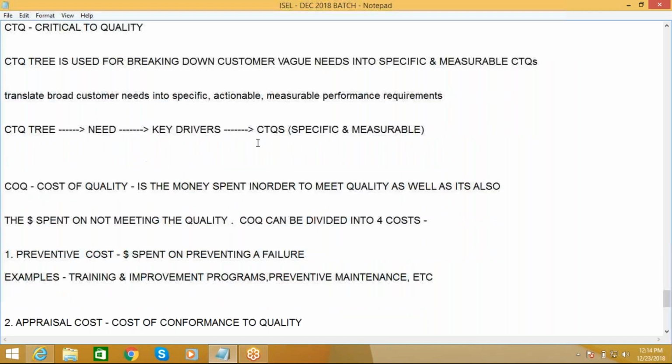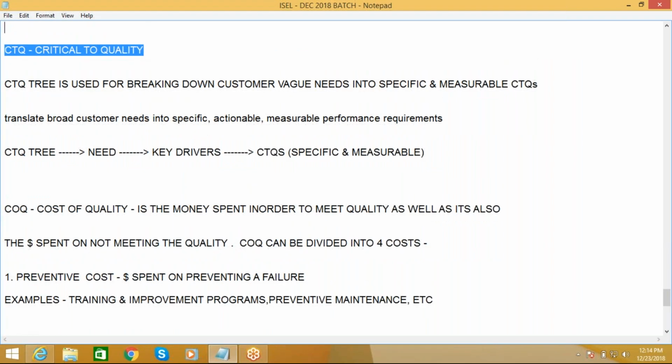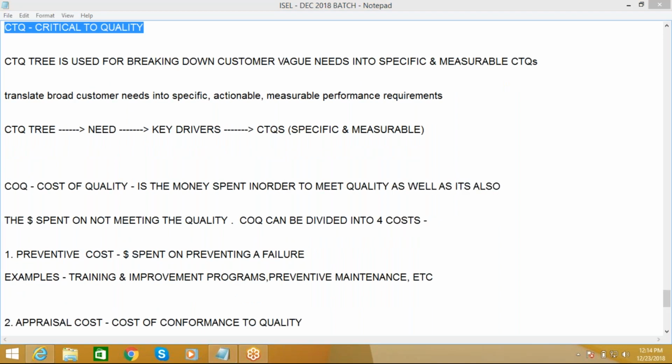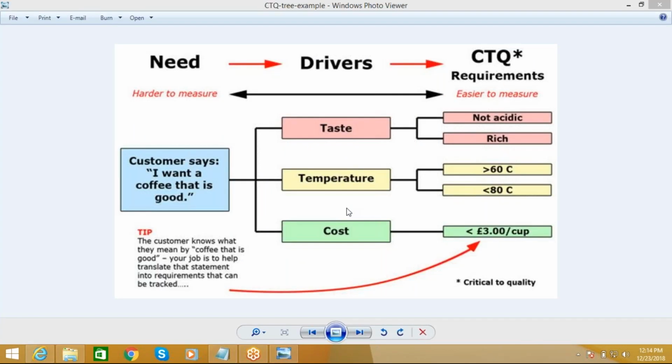After which we moved on to critical to quality. I told you about the CTQ tree. Maybe I can just quickly open up the diagram of the CTQ tree once more, so that you can remember. The CTQ tree helps you to convert your customers' vague needs into key drivers, into critical metrics or CTQ requirements, which are easier to measure, right?